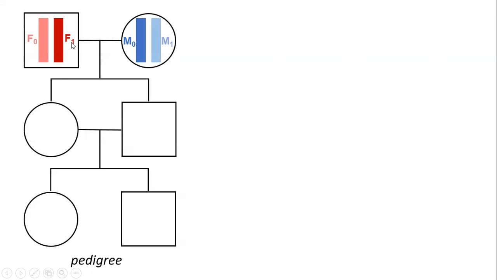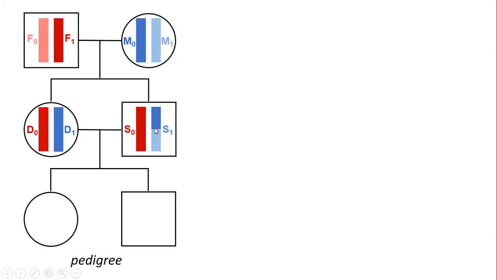So when the gametes are formed, the father will choose either one of their chromosomes and pass it on, and the same for the mother. Let's suppose F1 goes to the daughter, M0 goes to the daughter from the mother, and F1 also goes to the son, and recombination occurs in the mother when she creates the egg.